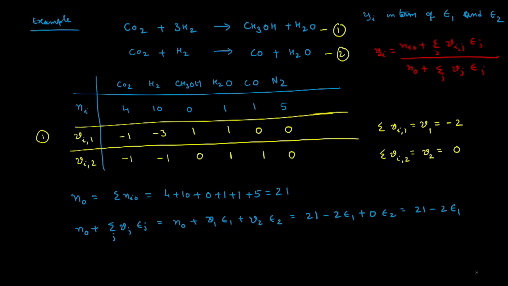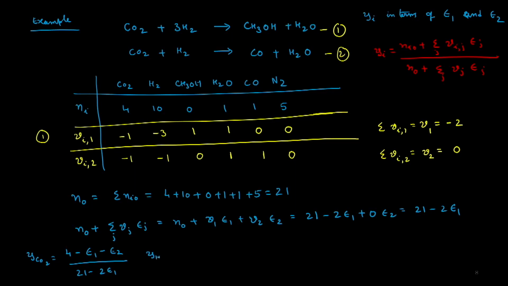Now I can write the expression for mole fraction. Y for CO2 is going to be the initial number of moles for CO2, which is 4, minus nu for CO2 in the first reaction, which is -1 times epsilon 1, plus nu for CO2 in the second reaction, which is again -1 times epsilon 2, over the denominator, which is 21 minus 2 epsilon 1.